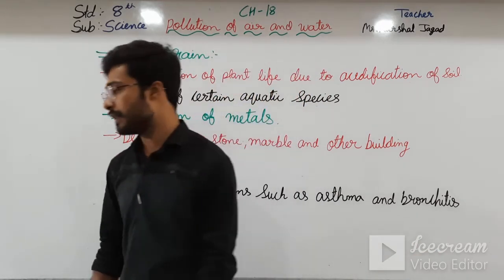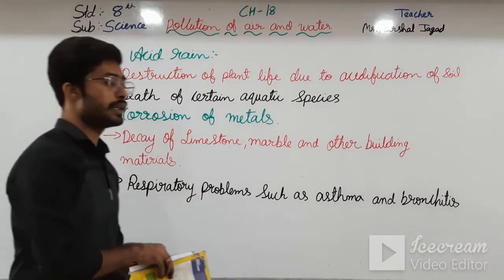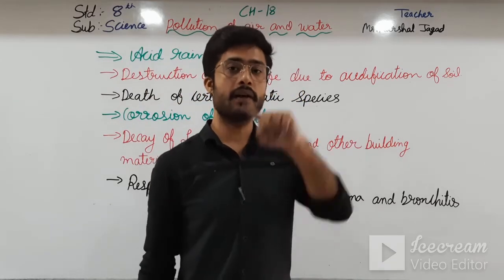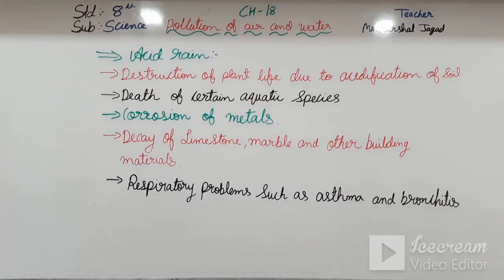Okay students, now moving further, depletion of ozone layer. So our next is effect of air pollution. We have studied about what is ozone layer. There is a layer over the earth. I'm just drawing on the board.